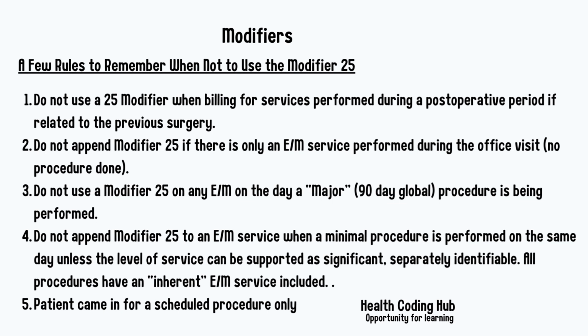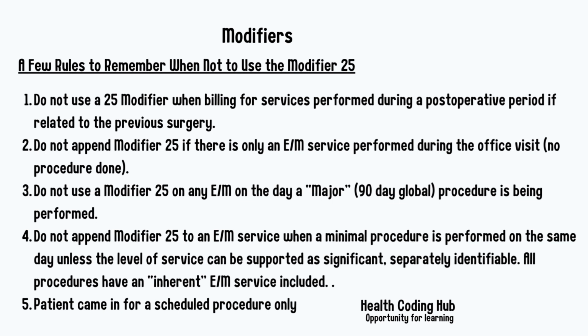Do not use modifier 25 on any E&M on the day a major 90-day global procedure is being performed. So, as discussed earlier, modifier 25 can be used only for the minor surgeries that belong to the 0 to 10 days global period.